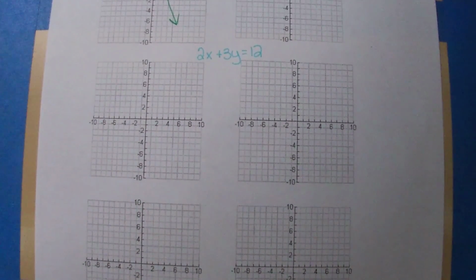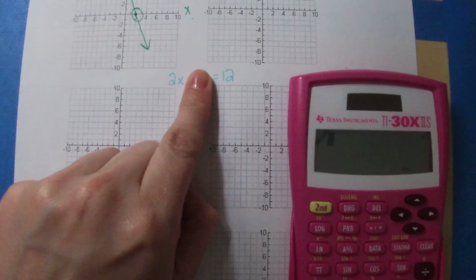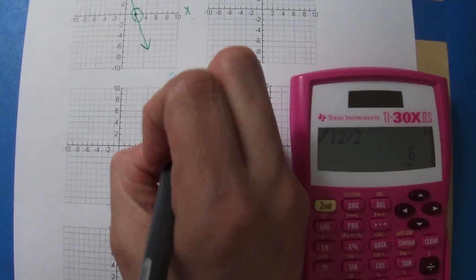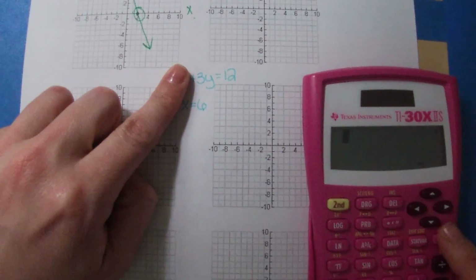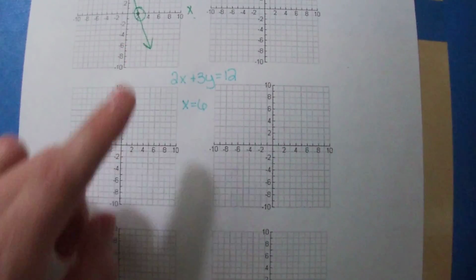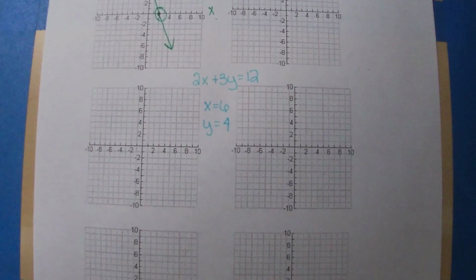The first thing I'm going to do is find that x and y intercept just like we were practicing. To find my x-intercept, I'm going to do 12 divided by 2, which gives me 6. And to find my y-intercept, I'm going to do 12 divided by 3, which gives me 4.